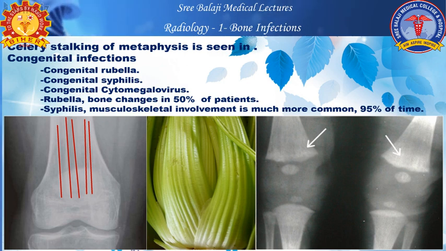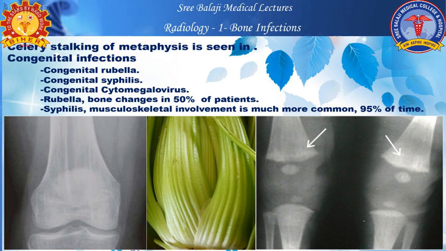With that, we have seen different presentations of bone infections right from pyogenic osteomyelitis, tuberculous osteomyelitis, and congenital infections presentations, and their mimickers also we have completed. Thank you for patient hearing.